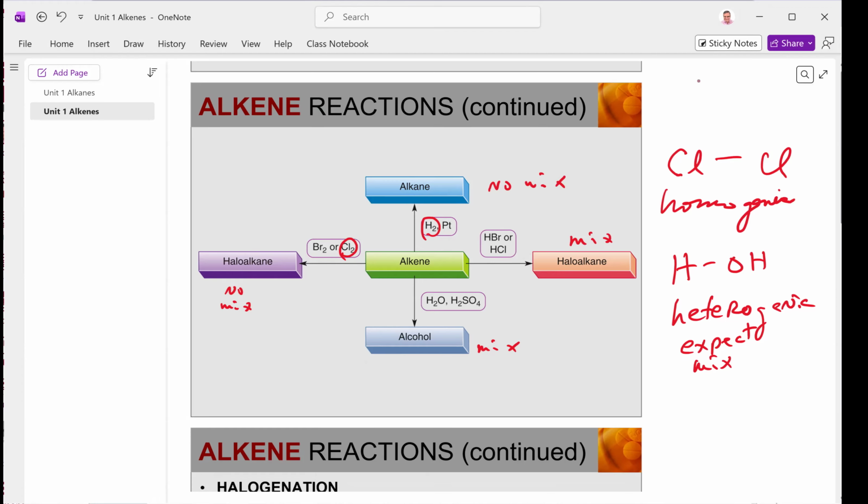This is hetero here, and this is hetero. Now, sometimes you don't have a mix, even if you have a heterogeneous additive. Most of the time you do. If your product is small, that's when you usually don't have a mix. Anything longer than 3 carbons on the product side, you'll have a mixture.